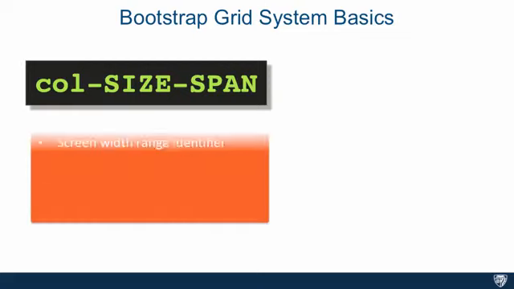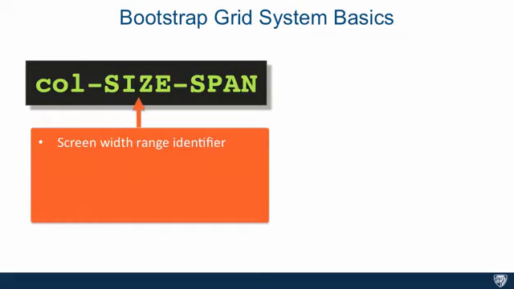First of all, the size. Well, the size is a screen width range identifier, and it's something like MD for medium, LG for large, and so on. And you could look up what that means in the Bootstrap documentation. So, for example, LG is defined as 1200 pixels and above, so a minimum of 1200 pixels. And what that means is that columns will collapse.